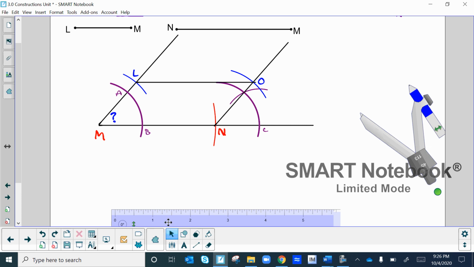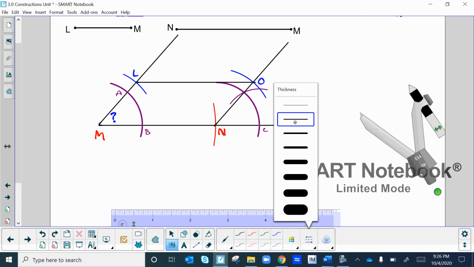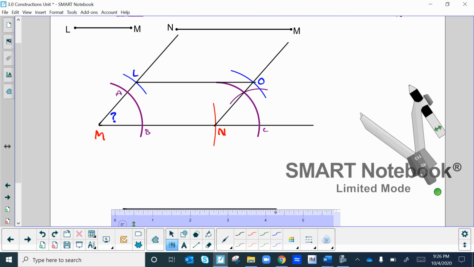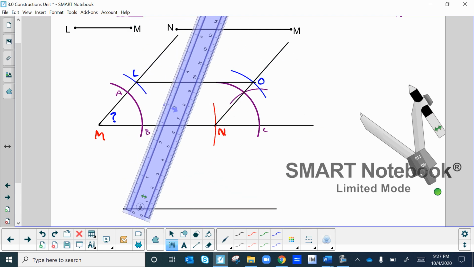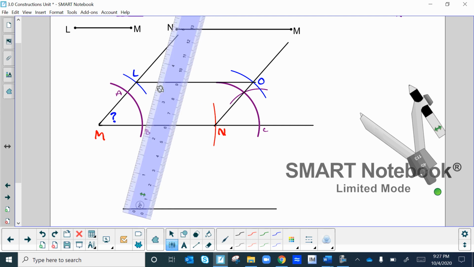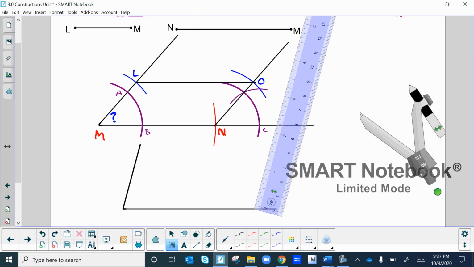So let's say we start off with that bottom line. We're going to do it exactly the same way we did the other one. Remember, we can make whatever angle we want. Let's make it a little bit bigger, just to show you that it's still going to be a parallelogram, and it can look different.